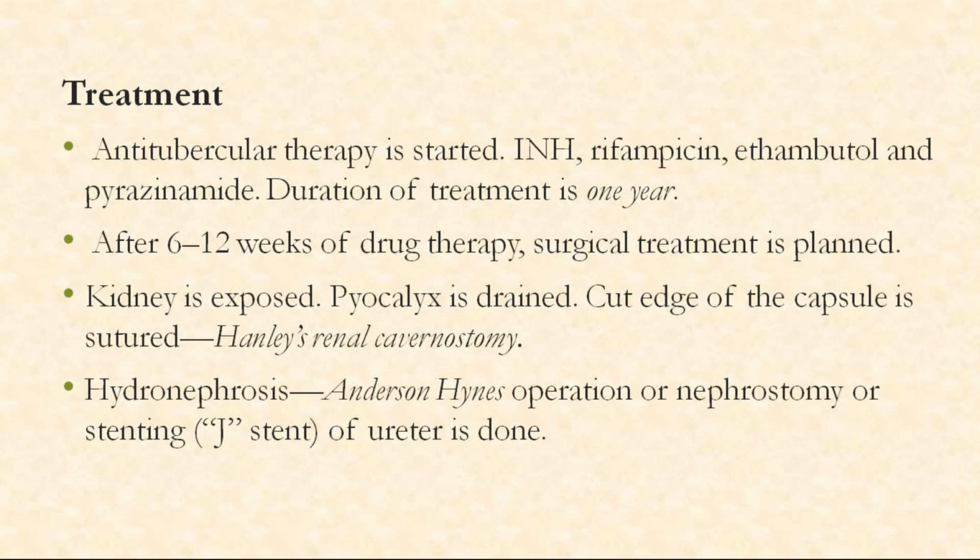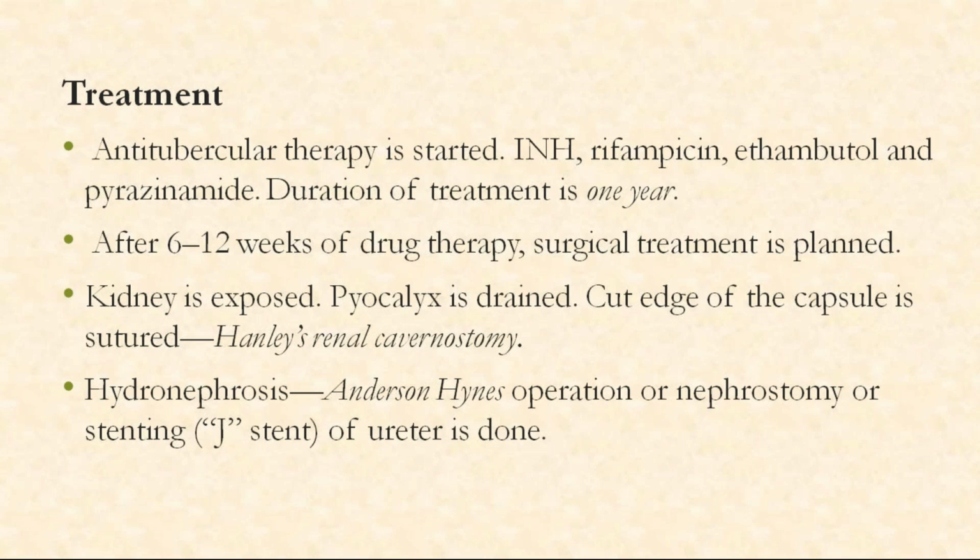So how do you treat this case? It is mainly treated by anti-tuberculosis drugs like INH, rifampicin, ethambutol, pyrazinamide. The treatment is to be continued for a minimum of 1 year.